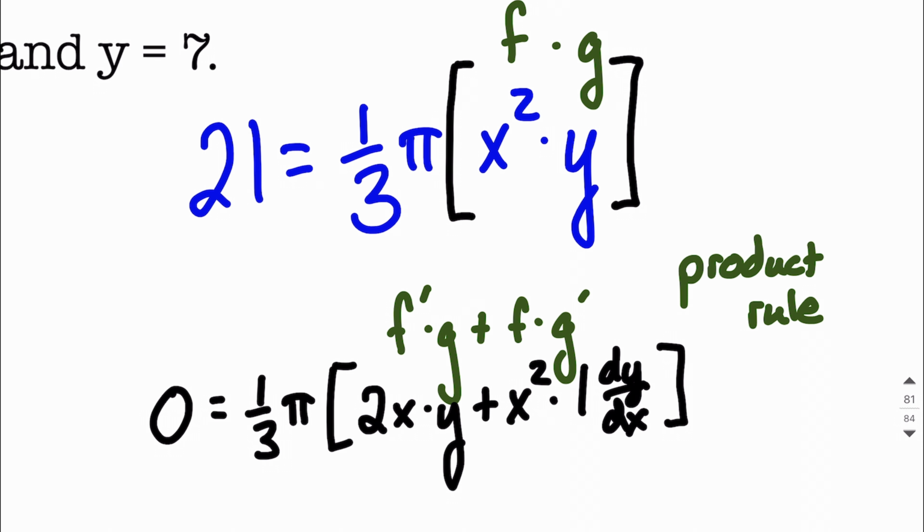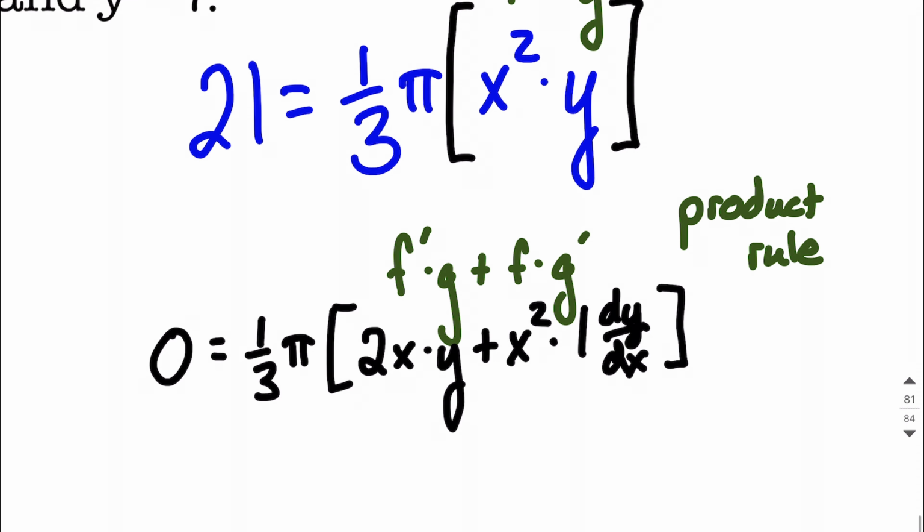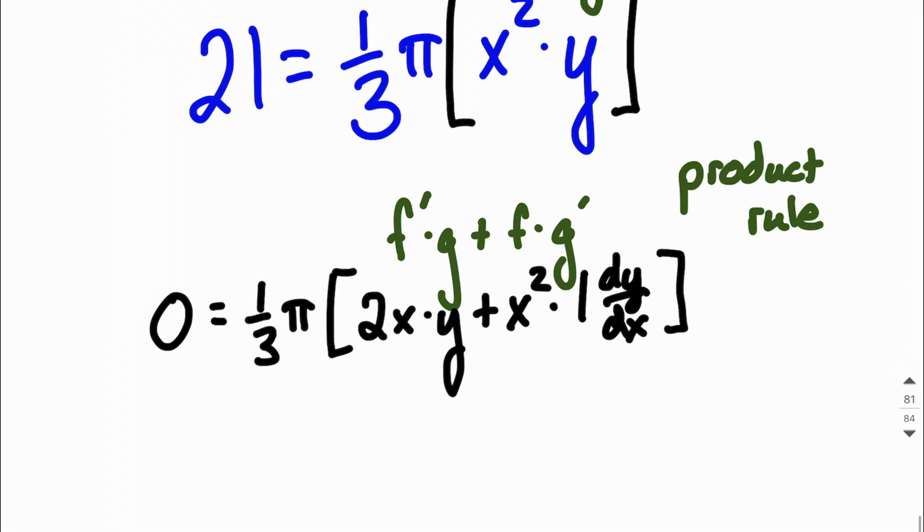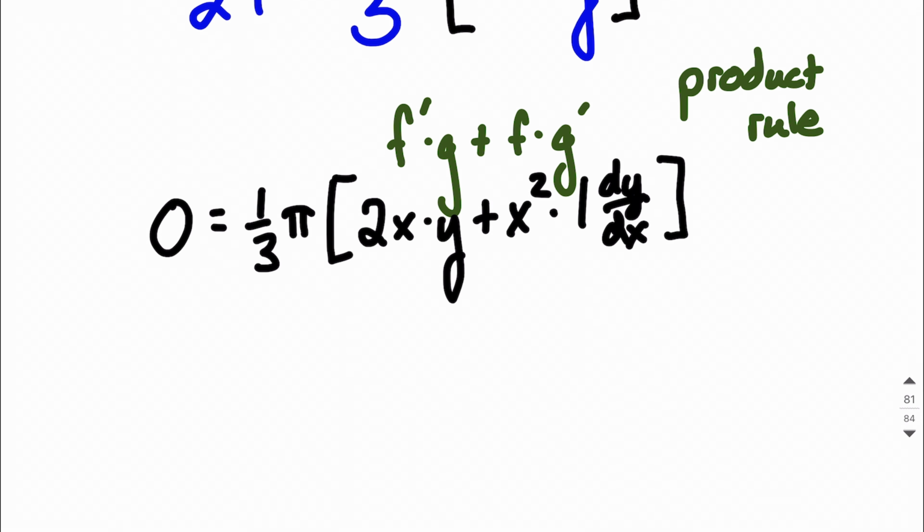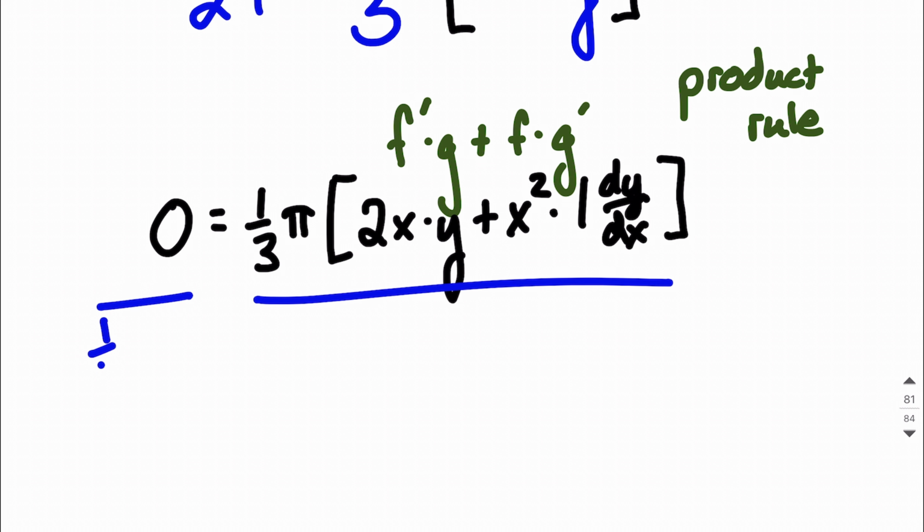All right, from here, it's a bit of rearranging, isolating that dy/dx on one side by itself. In fact, what we could do if we wanted to, we could either distribute that 1/3 pi to each one of these terms, and that would be perfectly fine, or we could divide both sides by 1/3 pi. The purpose being, it's multiplied by the entire right-hand side.